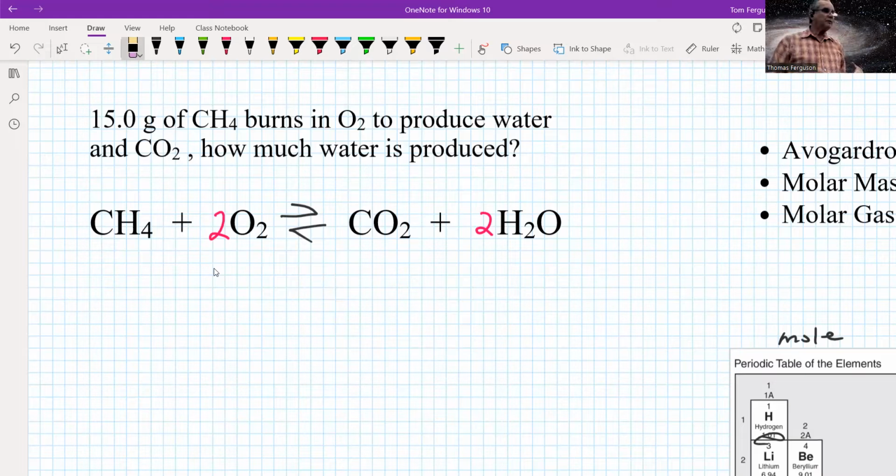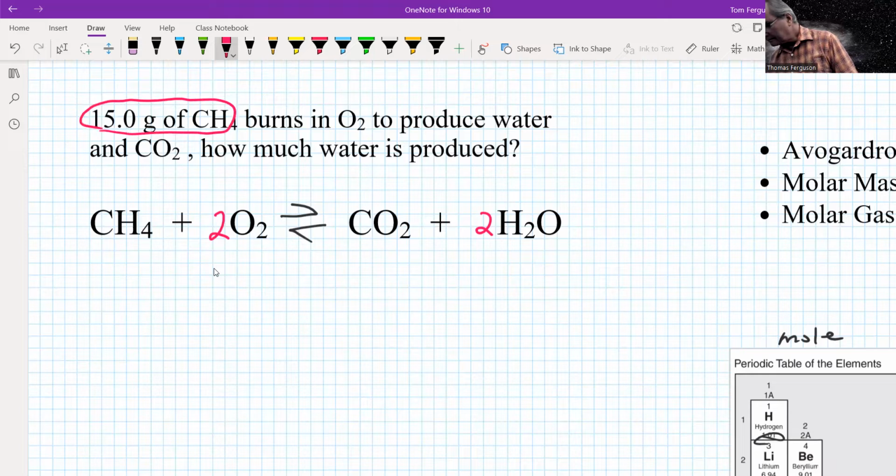Okay, so now we go into step number two, which is what's given. What are we trying to make?